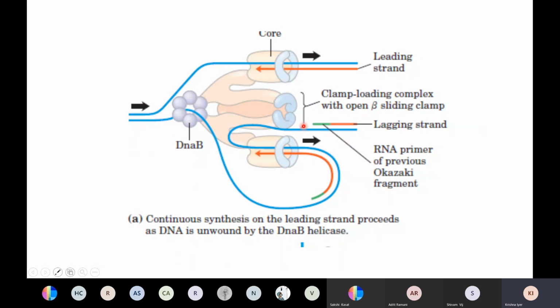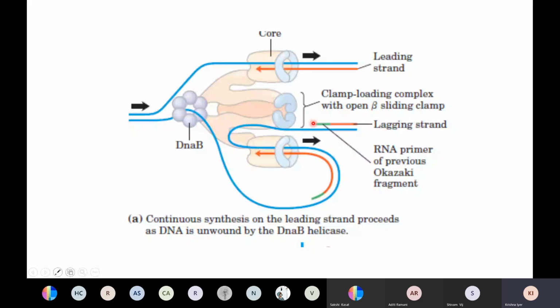It actually doesn't do synthesis in this direction. What it does is it takes this lagging strand, a template, and twists it. It actually does a little turn. When it does that turn, see what happens? The orientation of 5' to 3' ends up like this, rather than appearing to be like that.